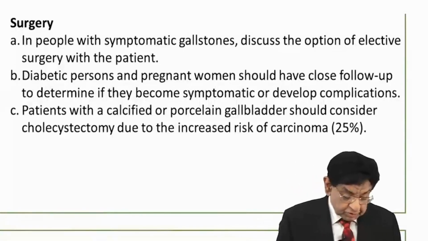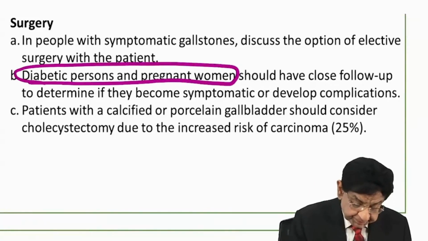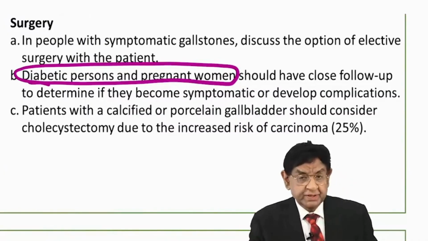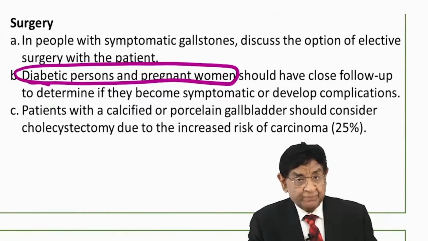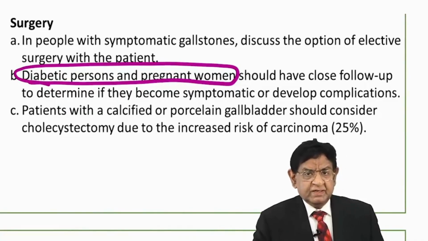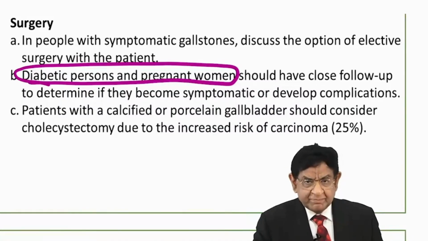Especially those diabetic patients and pregnant patients, this is important. If the patient is diabetic or pregnant, they need a special follow-up, even if there are no symptoms. They are asymptomatic. Well, the patient is pregnant, an ultrasound was done for pregnancy reasons, and the stone was picked up. And remember, even a diabetic patient has no symptoms, but for these two patients we have to do special close follow-up.